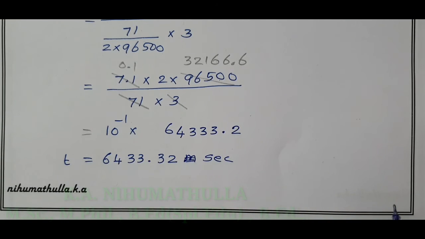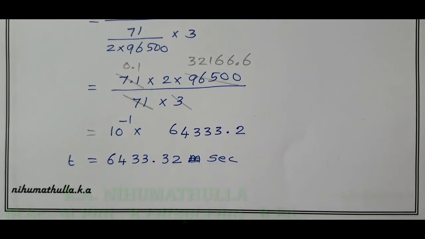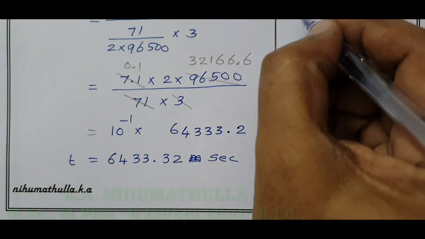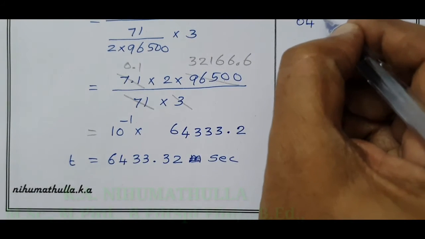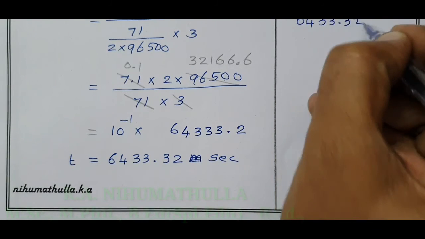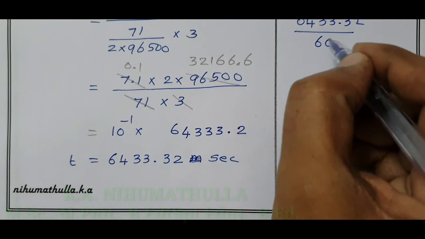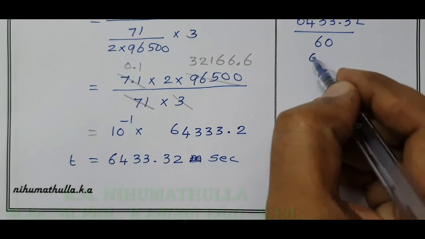If you want to express this time value in minute, you have to divide this value by 60, to convert second into minute. 60 can also be written as 6 into 10.